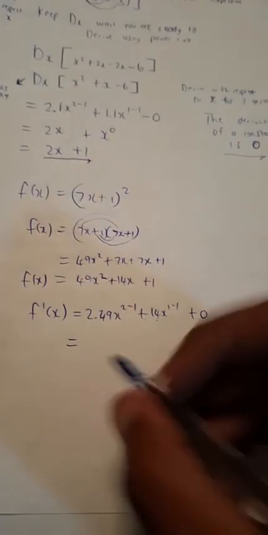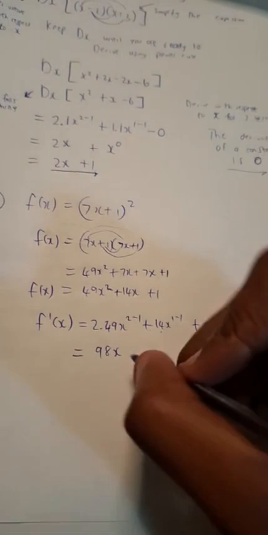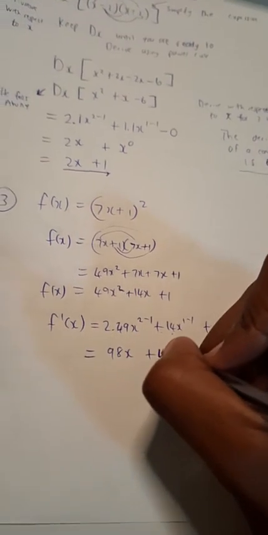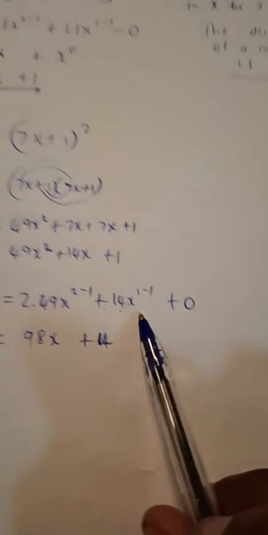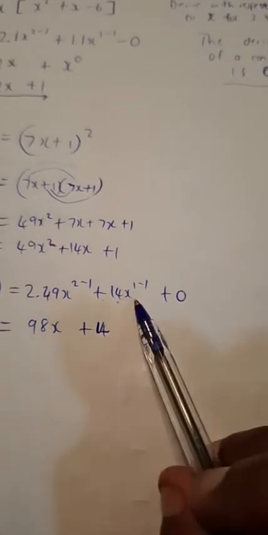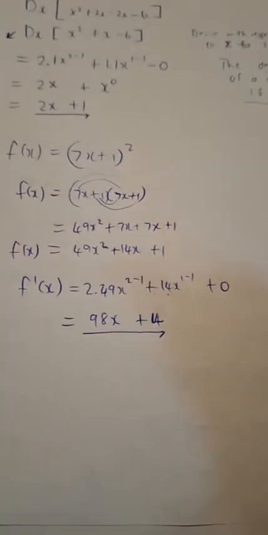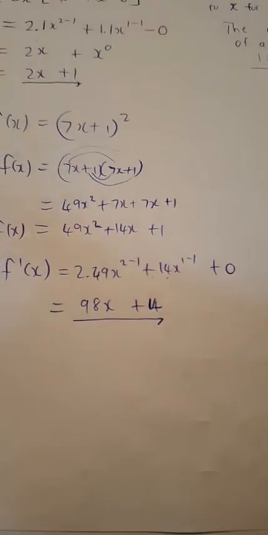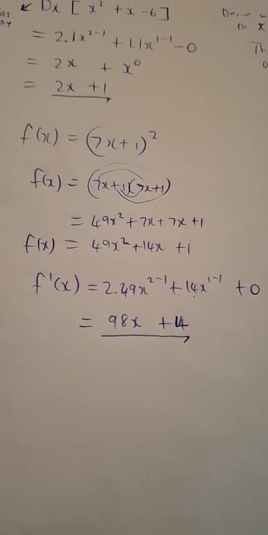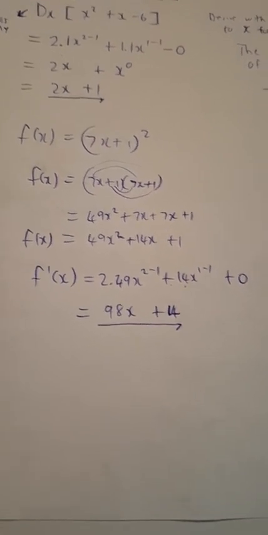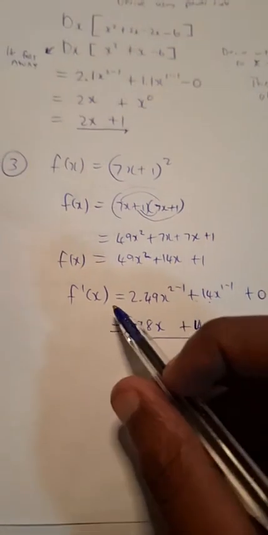Then you get 98x plus 14. Now obviously that would be x to the power 0, but I know x to the power 0 is 1. The more fluent you get with these things, the more you can go ahead. So I write 98x plus 14. That was f prime of x.